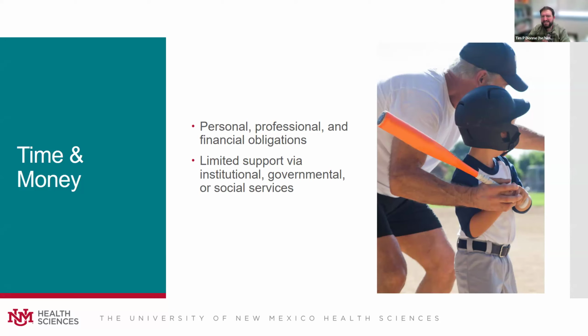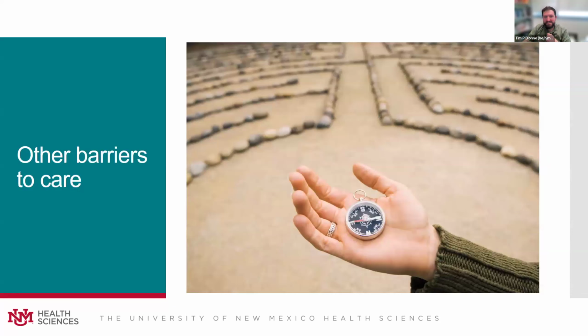And in general, we're finding a lot of challenges when it comes to support services, institutional support services. There's this lack of structural support that helps these folks manage these obligations. And so this is where I intended to ask the audience, what are some other barriers to care that they see?